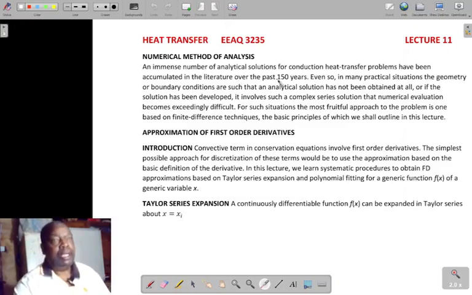But in many practical situations, the geometry or the boundary conditions are such that the analytical solution is quite difficult or impossible.